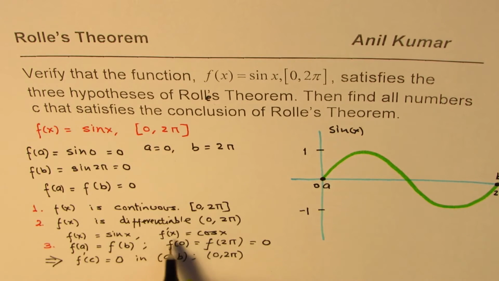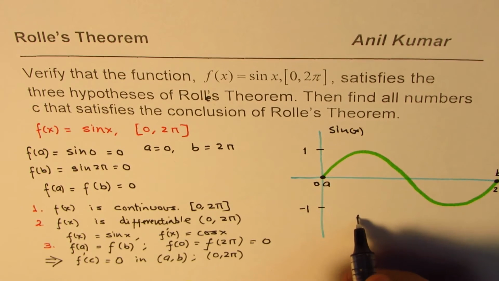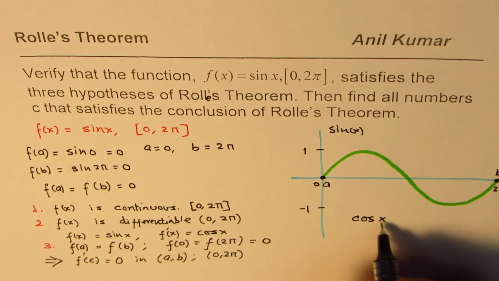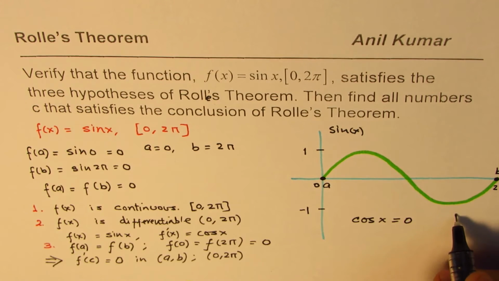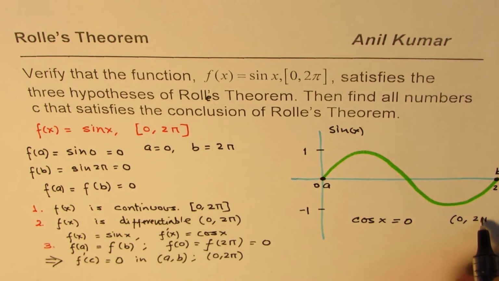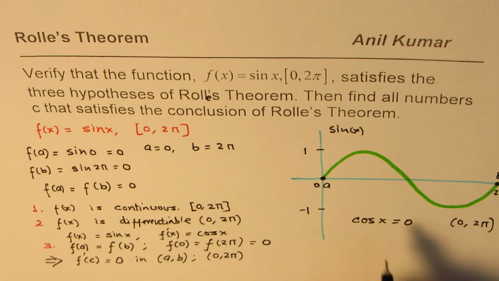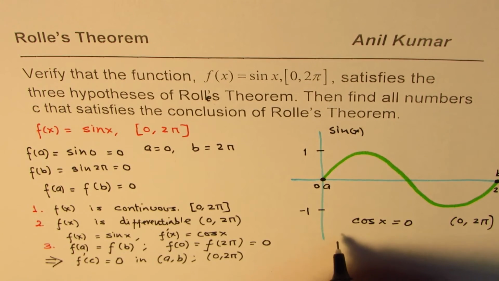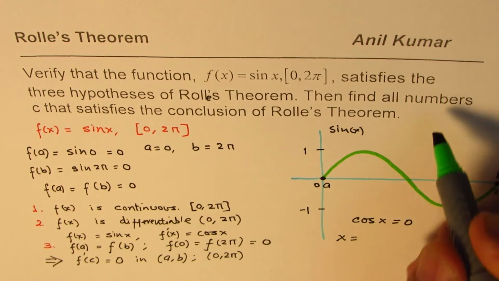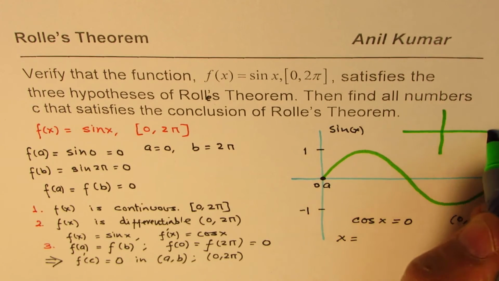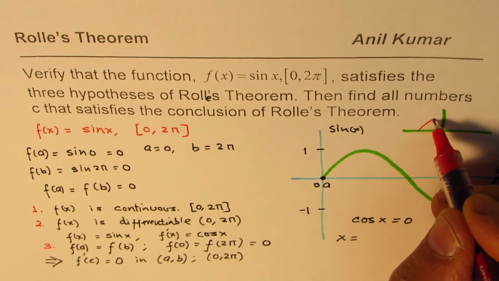Now we have found that the derivative is cos x, right? So basically, we can now equate cos x to 0 and find the solution in the open interval 0 to 2 pi, right? So we know that cos of x is 0 for x equal to, you can actually think like this. Cos of x is a function which is kind of like this, right?